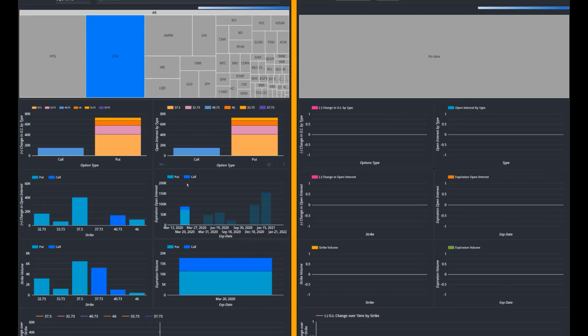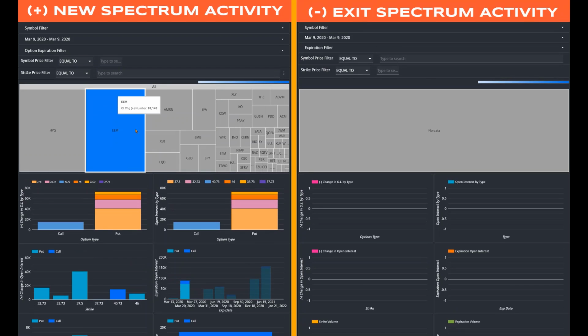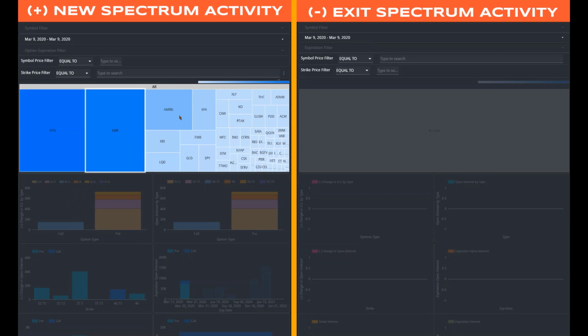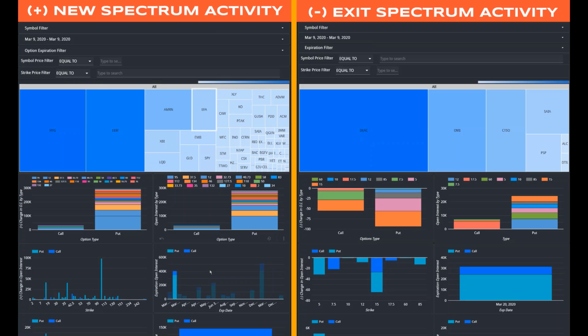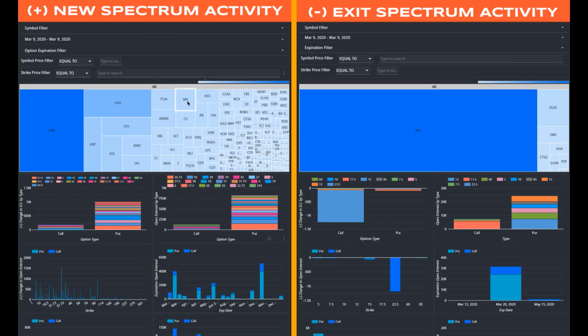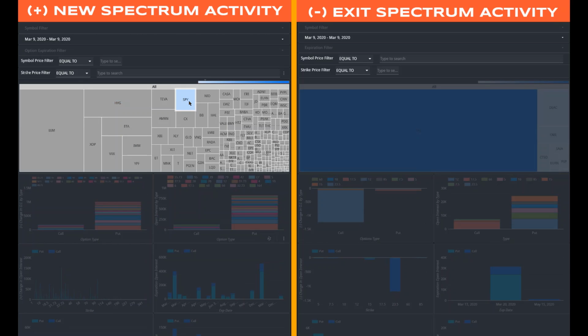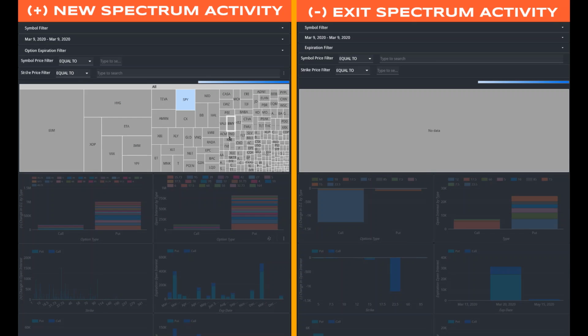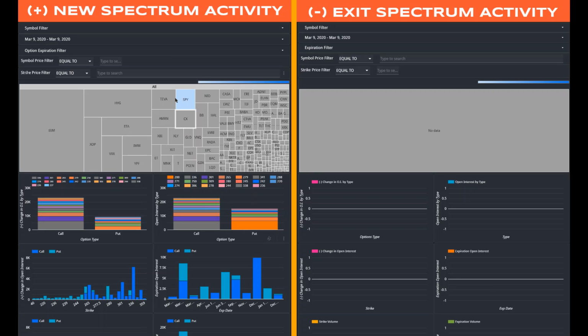So going back to the dashboard, the symbol selector, first I would also like to click on SPY, which is the ETF for the S&P 500, to see what took place there, because this usually has the most volume on a daily basis. But today EEM took over, so something really happened to EEM.